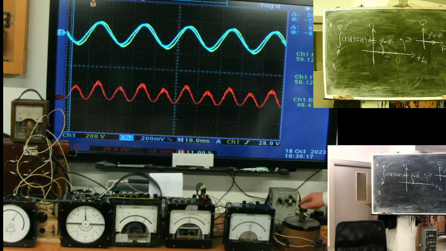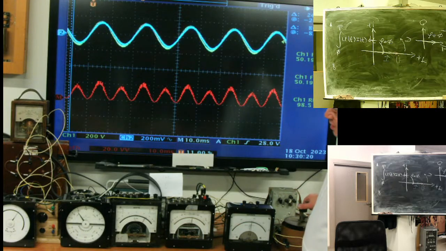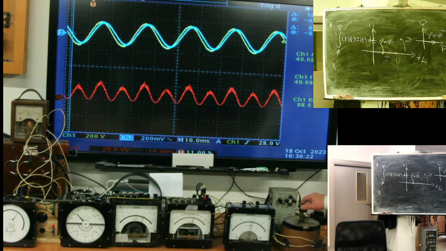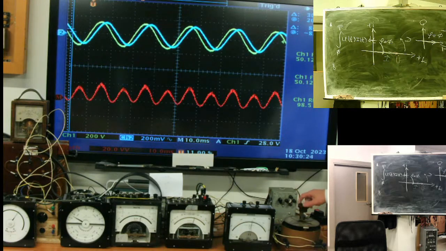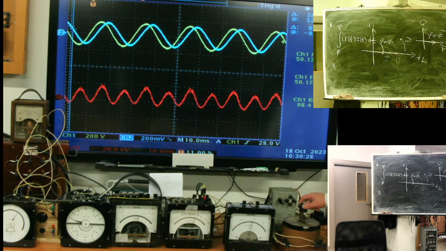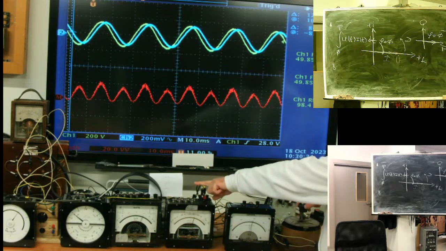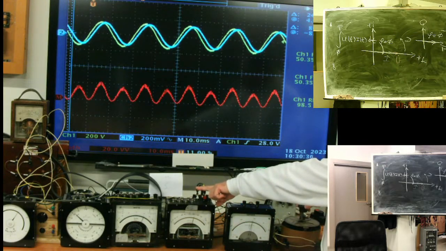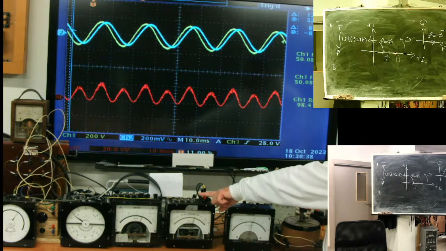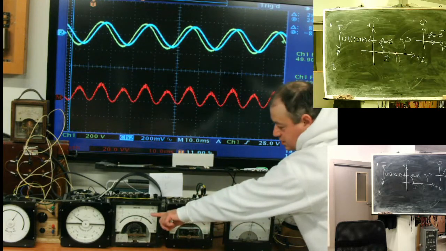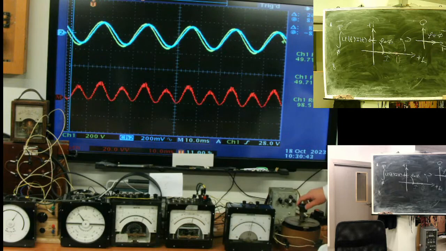Let's change something. See, current is lagging. I'm adding a phase shift. Watch the power factor: 0.6, 0.5. See what happens?